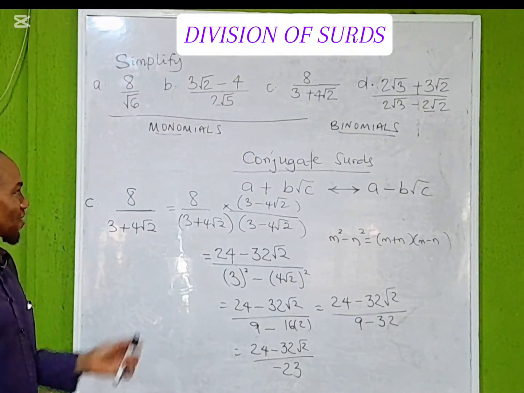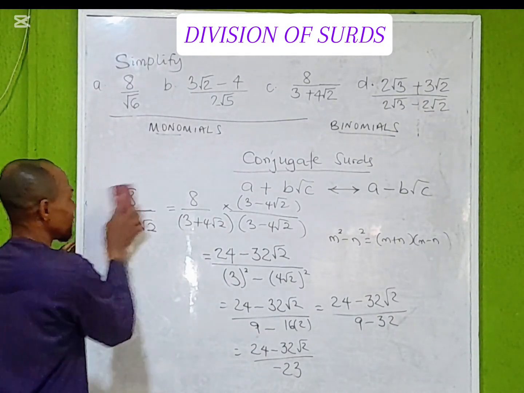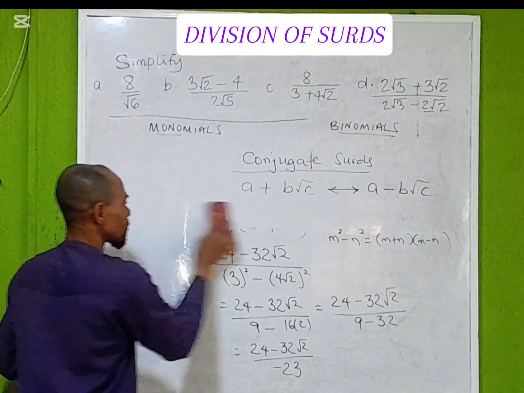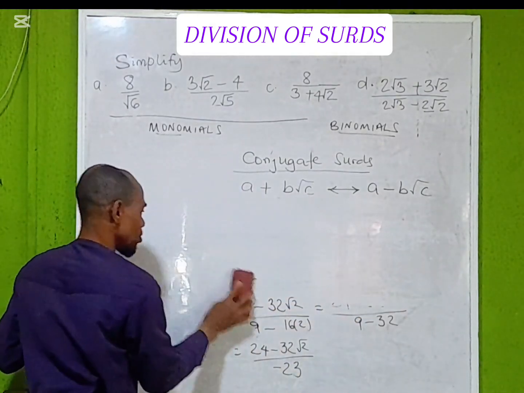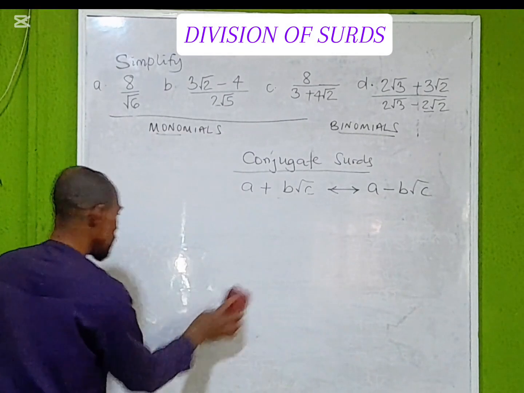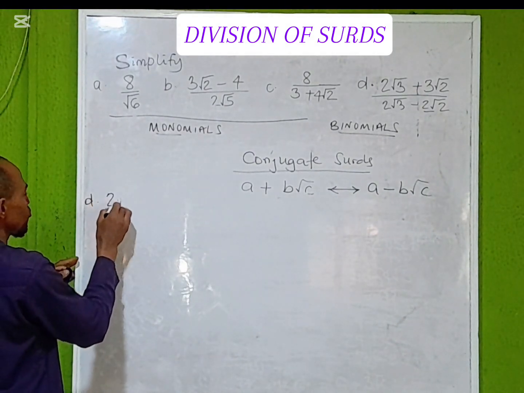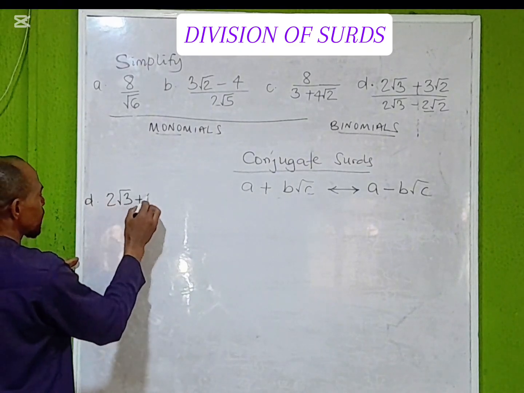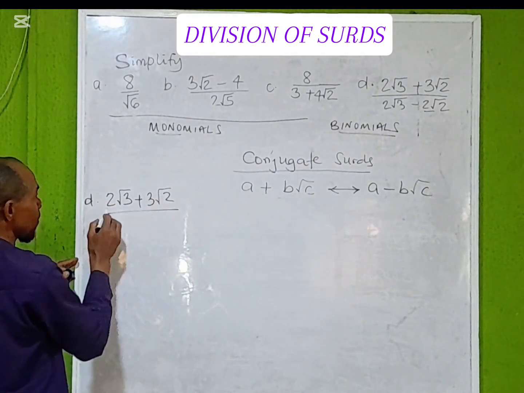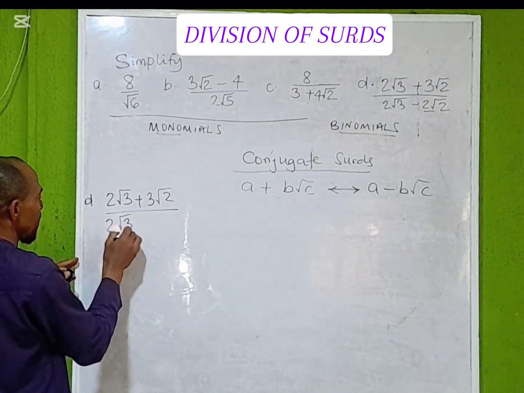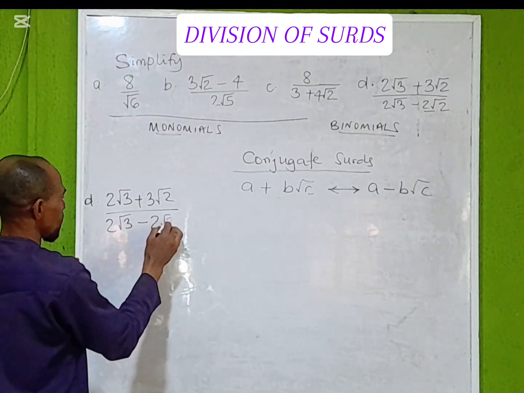Without wasting much time, let's go to the last one, which is question D. And it's pretty much going to be patterned according to C. So we have 2 root 3 plus 3 root 2 over 2 root 3 minus 2 root 2.